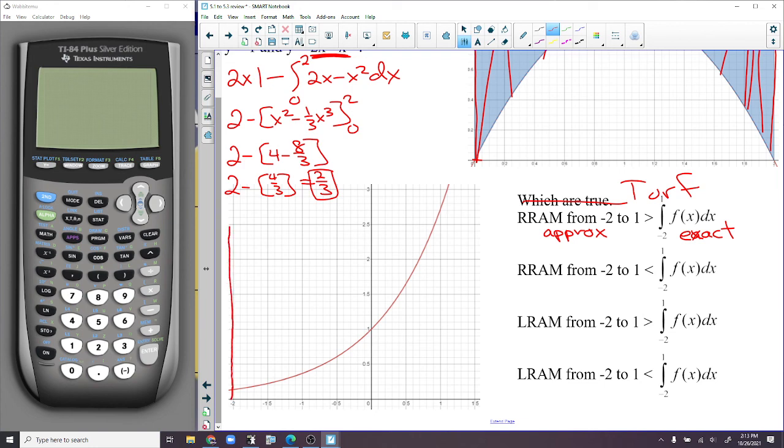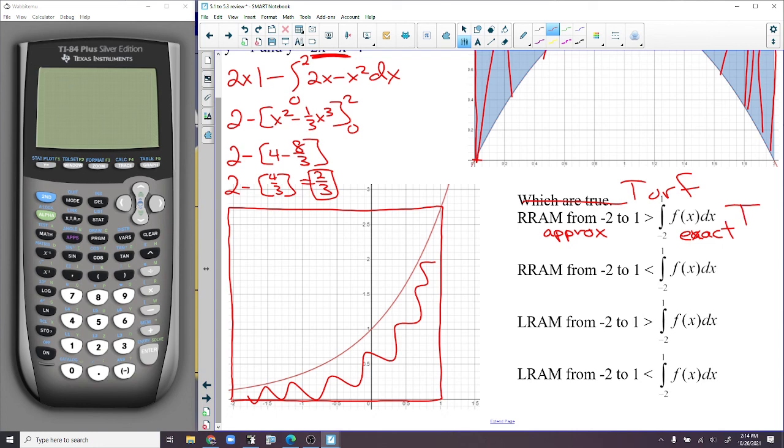And it becomes very obvious. If I use that rectangle to estimate this area, is it an overestimate or an underestimate? Overestimate, clearly, right? So the approximation is bigger than the exact. That's true. The approximation is smaller than the exact. That's a false statement. No way.